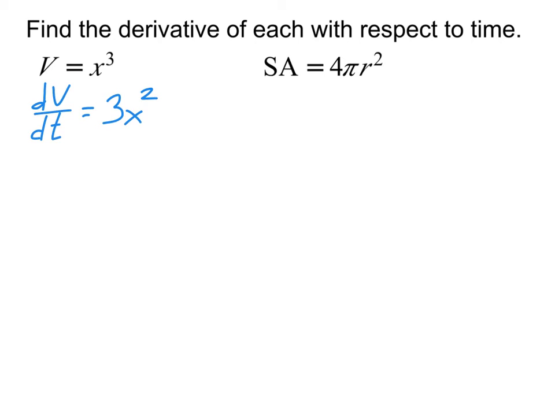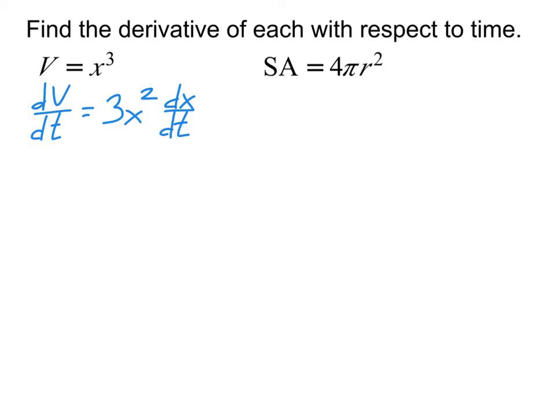So far the same, but then times the derivative of the inner function, which is x. So then I have to multiply it by dx over dt. And then that's it. We can go ahead and call it good right there. You're done. You don't need to solve for anything else in this case.